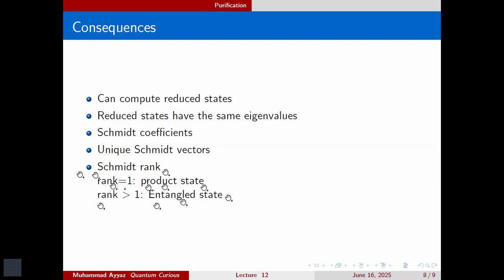So we could take the example of the EPR state. EPR state is one of the best examples to represent the Schmidt decomposition. In that case, we have two Schmidt factors or two Schmidt coefficients. Then the rank is two, and it is strictly greater than one. Then we could say that the EPR state is an entangled state.